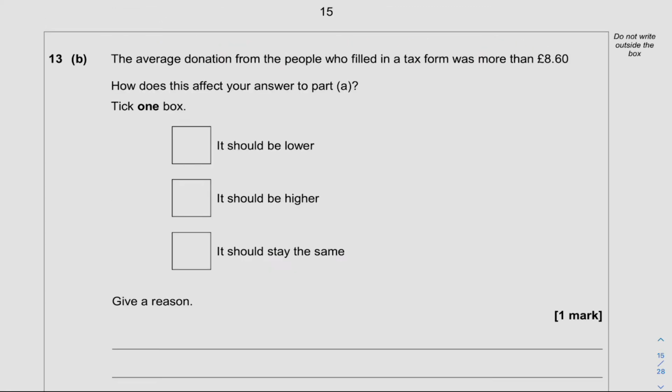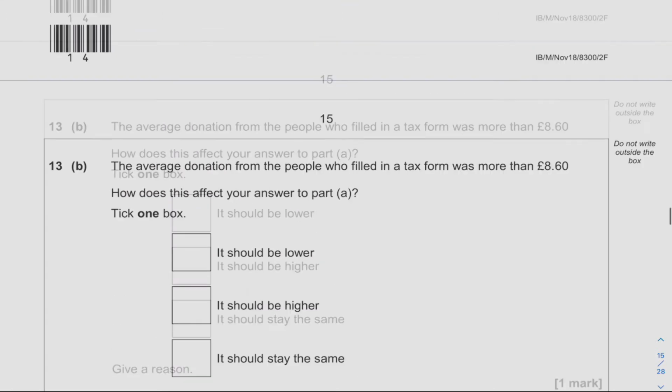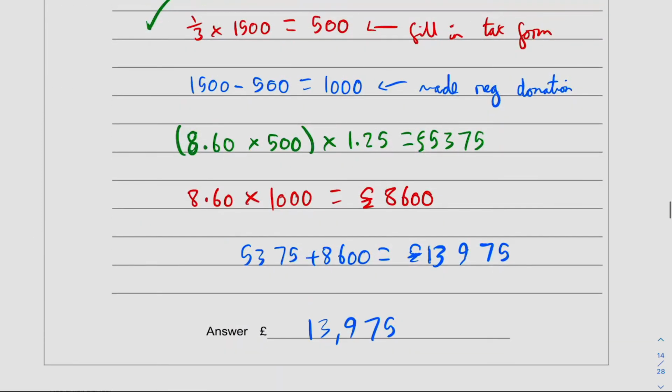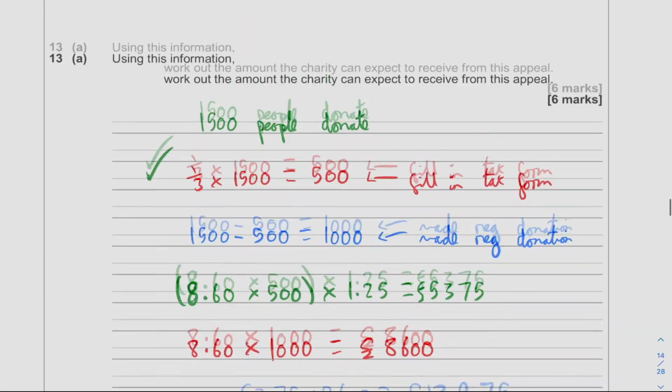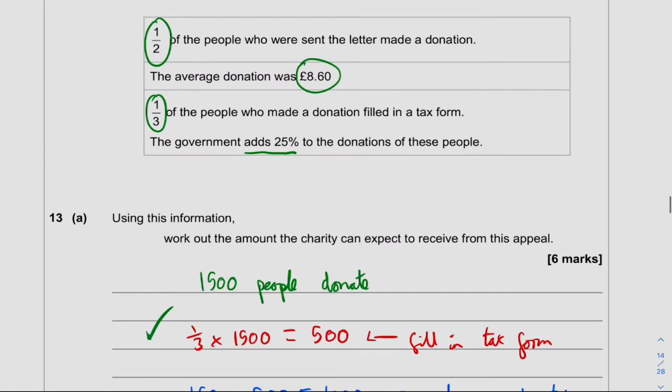For part B of question 13, we are told that the average donation from the people who filled in the tax form was more than £8.60, the original amount. How does this affect our answer in part A? The people who fill in the tax form get an additional 25% from the government.